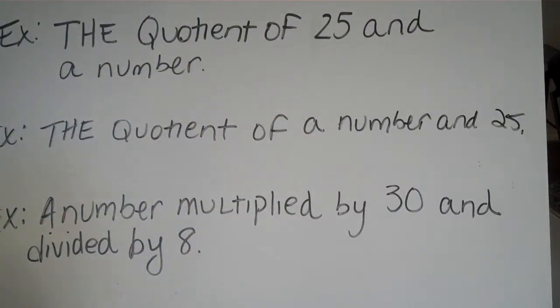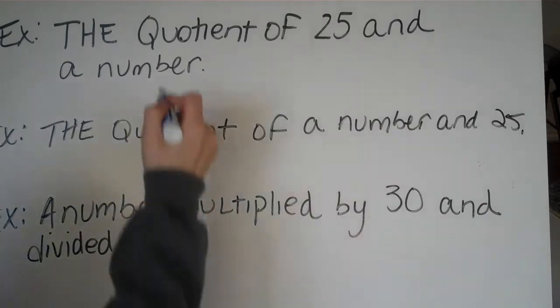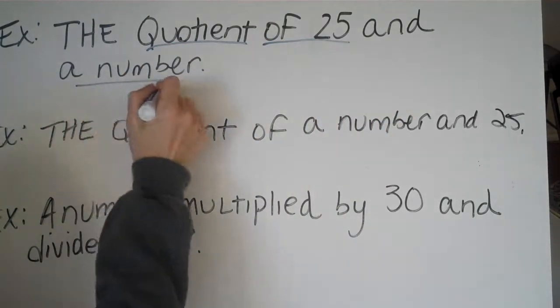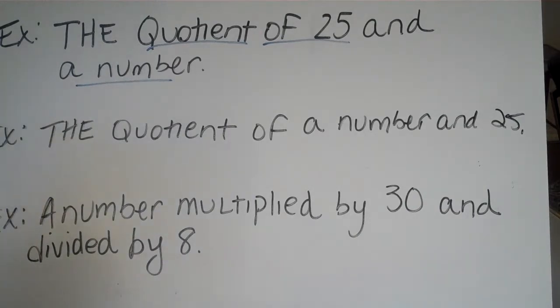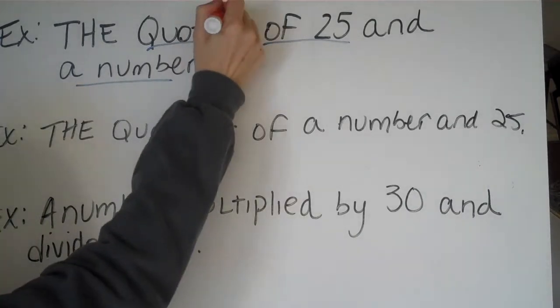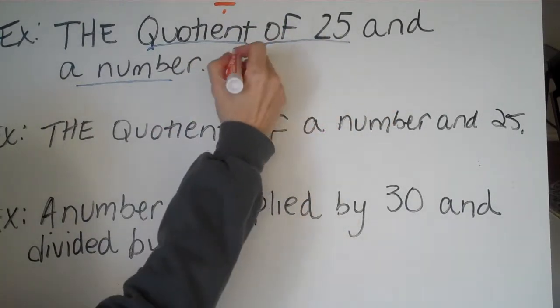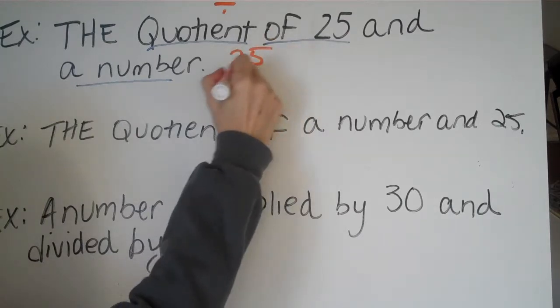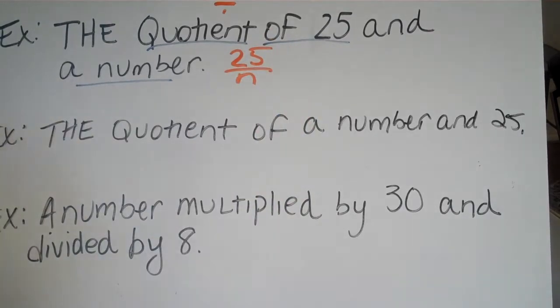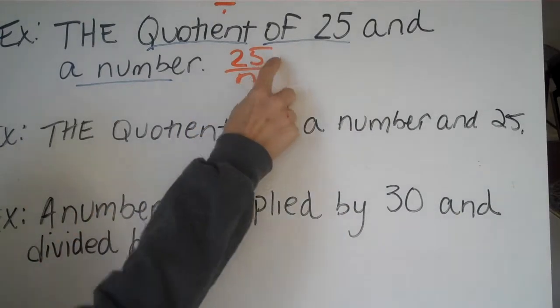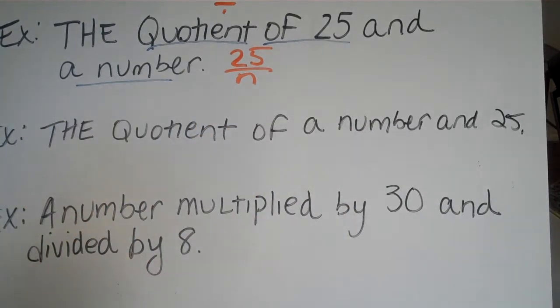Okay, so let's do the last board. The quotient of 25 and a number. Quotient means division. 25 and a number means you're going to take 25 and divide it by a number. So it's just 25 divided by n. What about this one?